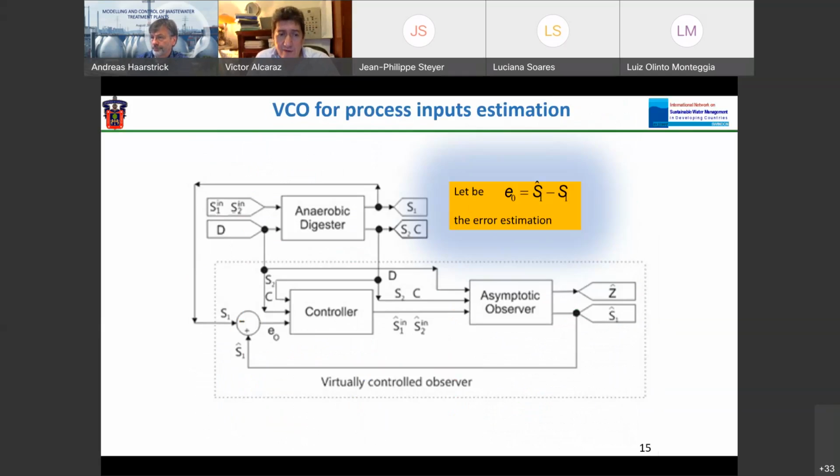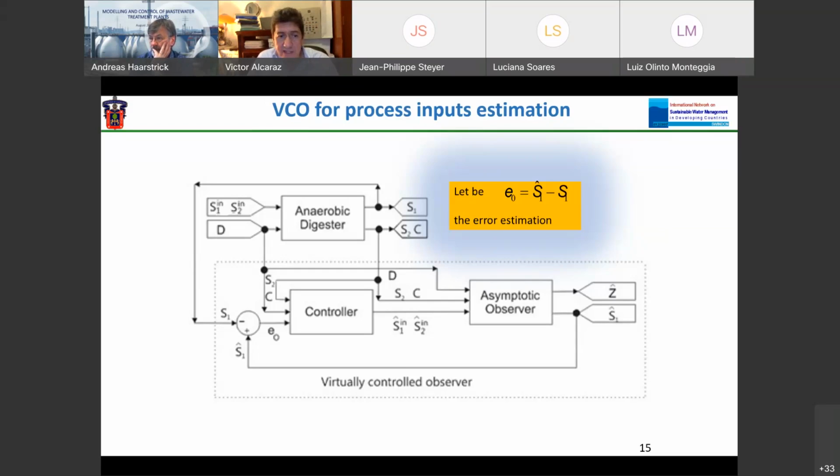And finally, an example of how the asymptotic observer can be used for estimating process inputs. It is a virtually controlled observer. In this graphic, let's assume that we have the measurements of one state variable, let's say the chemical oxygen demand, here represented by capital S1, and that at the same time we are estimating this variable with an asymptotic observer on the basis of hypothetical but uncertain input concentrations.